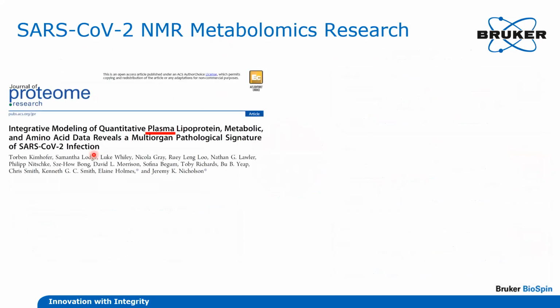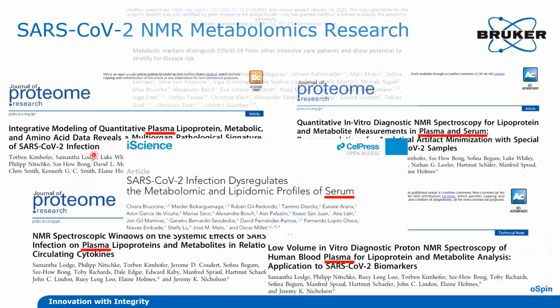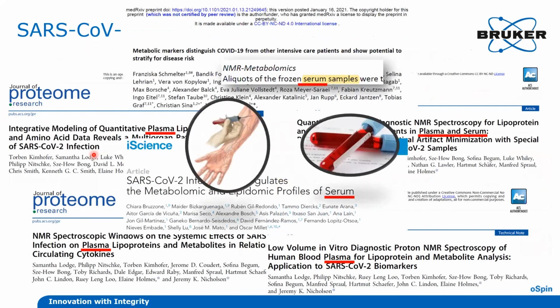When you look into most of the publications in the literature review, the samples collected for SARS-CoV-2 research are mostly plasma, and some publications study serum, which is the blood.